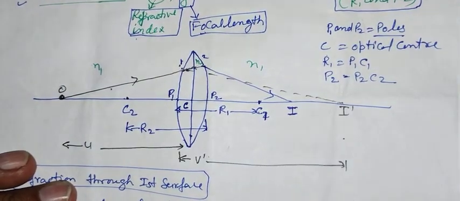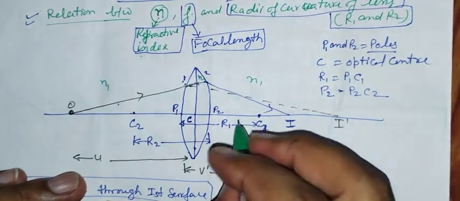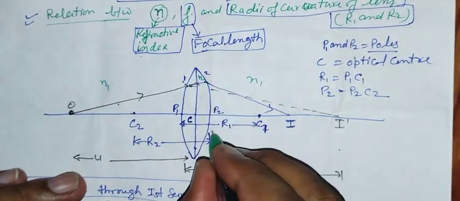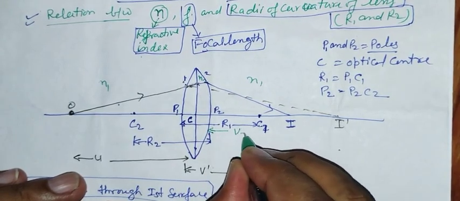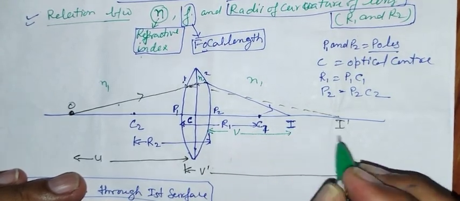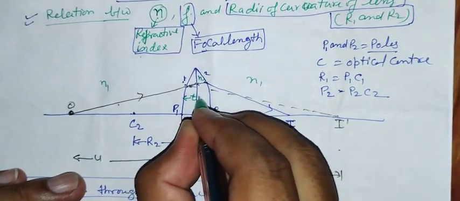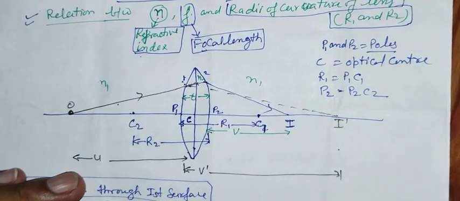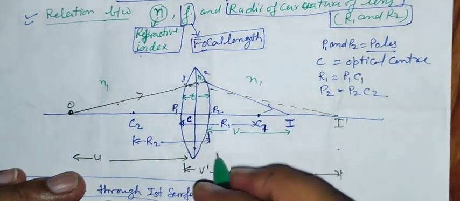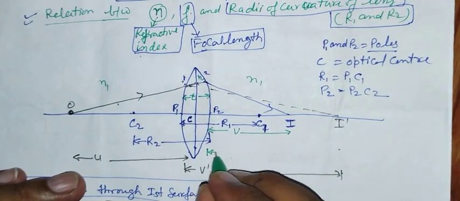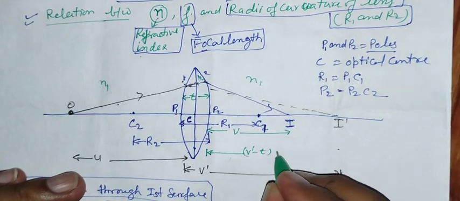Then we are taking the final image formed through the second surface. Consider it to be v. Let small t denote the thickness of the lens, and from here it is v dash. So from this surface it becomes v dash minus the thickness of the lens.